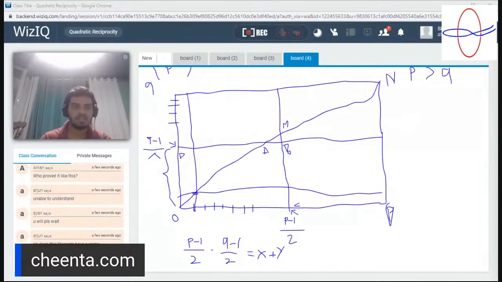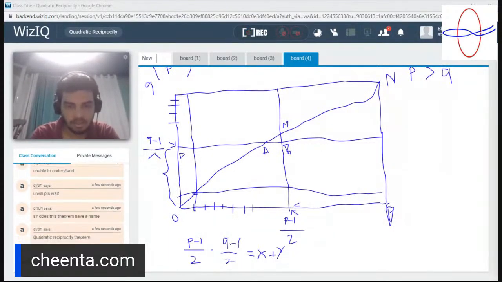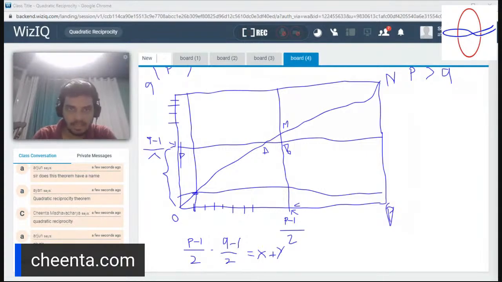Yeah, as I mentioned, the theorem is called quadratic reciprocity. So we are finally looking at all of the lattice points within this rectangle.